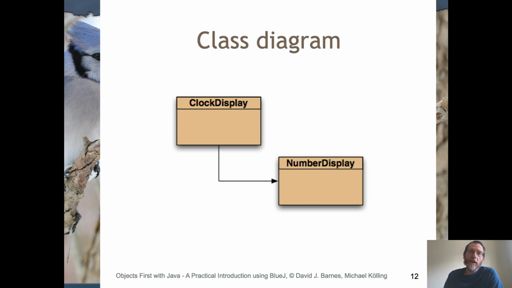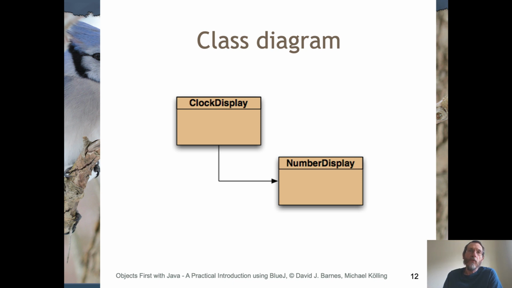Now what the class diagram gives us is what we call a static or a compile time view of the relationship between these two classes. It doesn't tell us anything about how many instances of the number display class might be in existence for every instance of a clock display class.